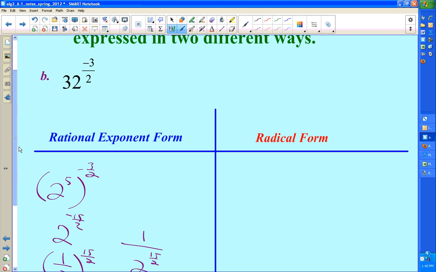If we use radicals, this is going to become the square root of 32 to the negative 3rd power. Again, putting the negative 3 on the inside, 32 to the negative 3 power would be 1 over 32 cubed. I don't know that you really want to go there.